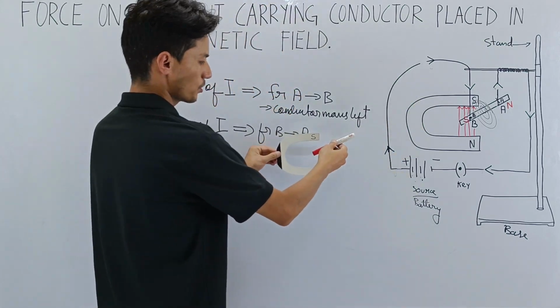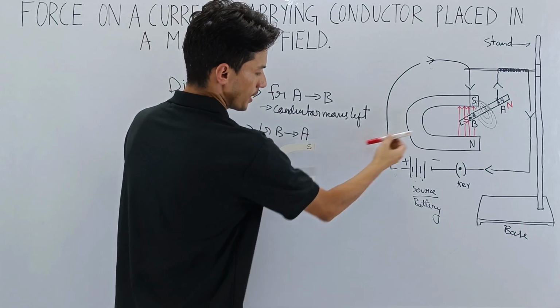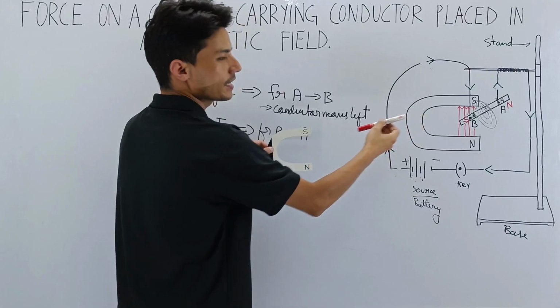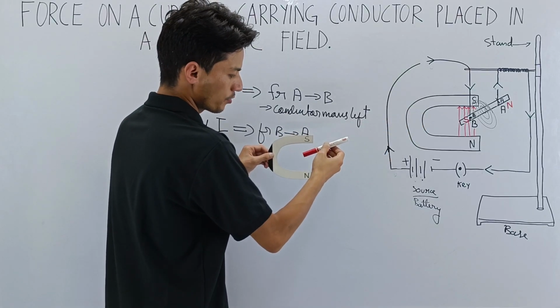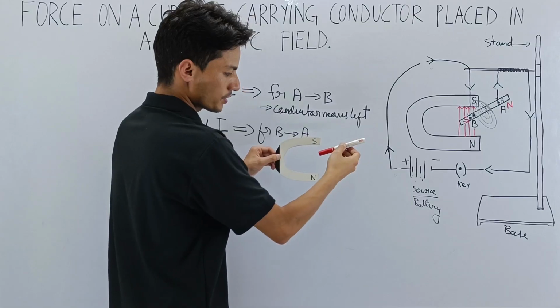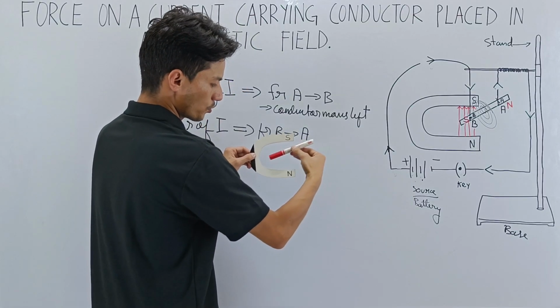Now let's orient it. In your textbook it is mentioned it moves towards the right side. Is it moving towards our right side? Yes, it's moving towards our right side, because it is experiencing a force of repulsion. Previously it was experiencing a force of attraction, so it was moving towards our left.